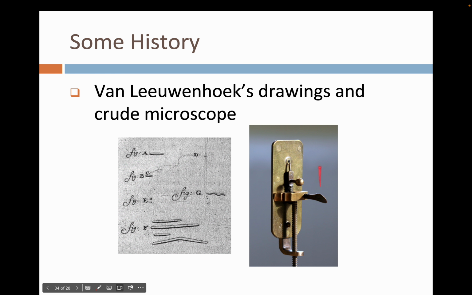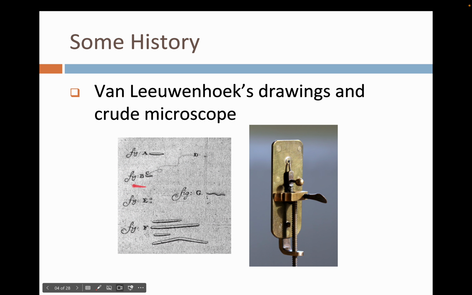The object under observation is put here on the tip, and then the person using it is peeking through at the other side. And some of the early drawings of Leeuwenhoek, based on his observations, look like this. Figures A, B, E, and G.